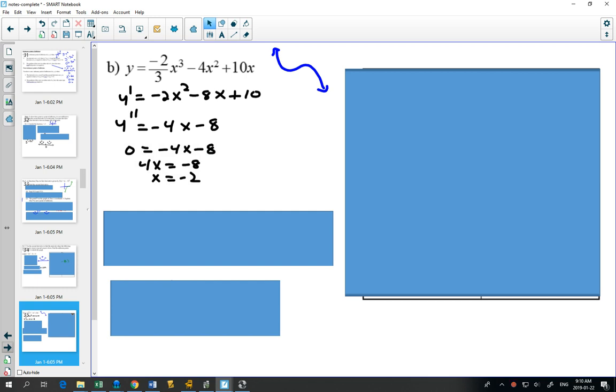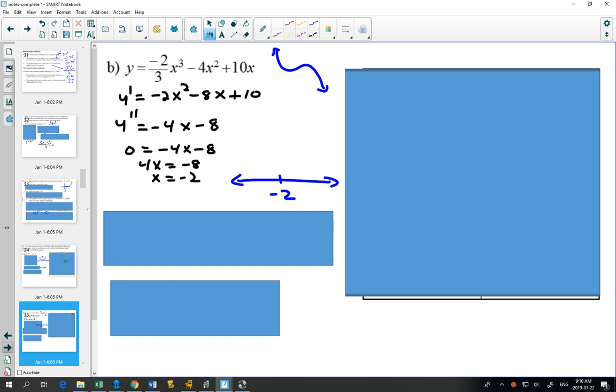It's equal to 0 at x equals negative 2. So you would go and make your number line, we plug in negative 2, and check what happens before negative 2.